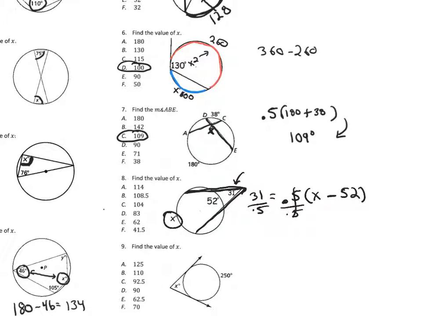So in your calculator, if we do 31 divided by 0.5, that gives us 62. Equals, this x minus 52 drops down. At this point, we just have a one-step equation, so we're just going to add 52 to both sides. X is equal to 62 plus 52, which is 114 degrees.